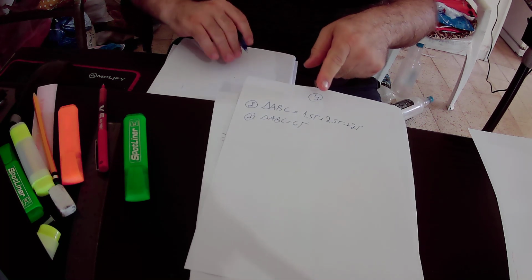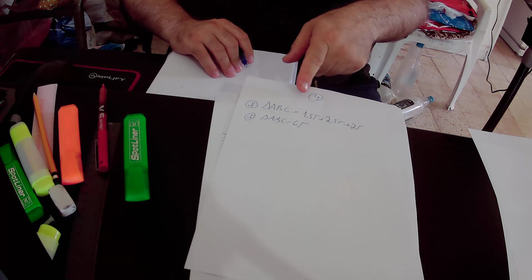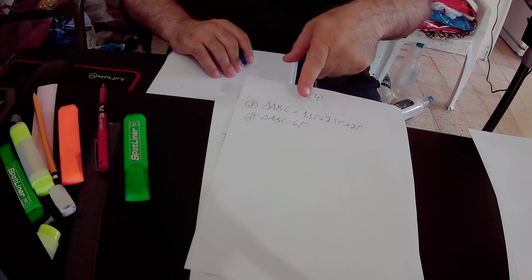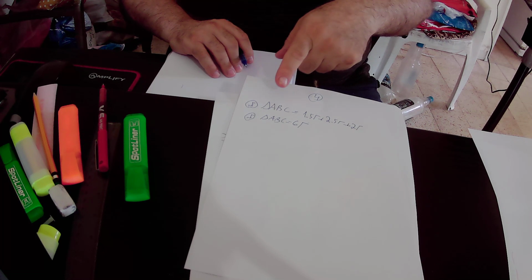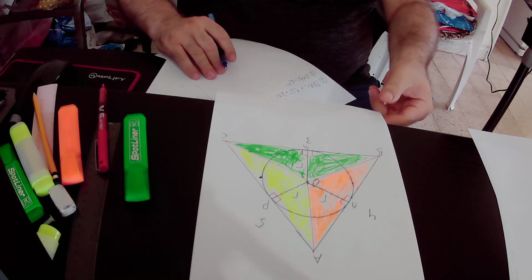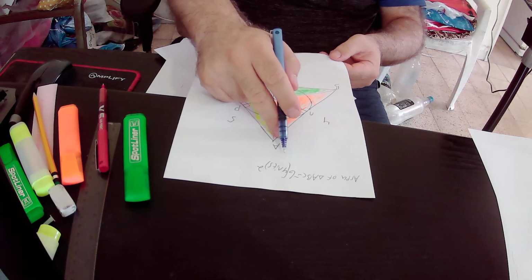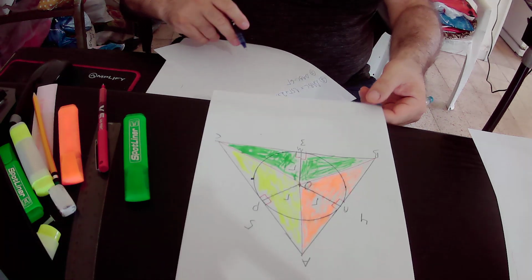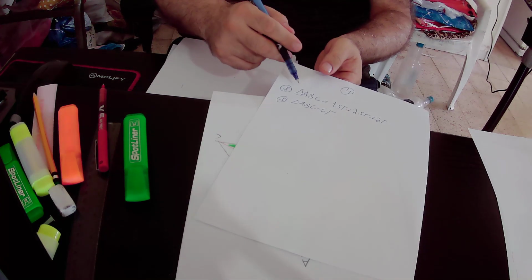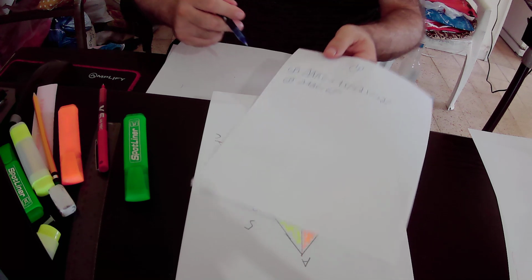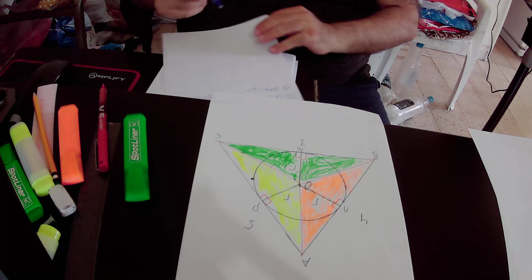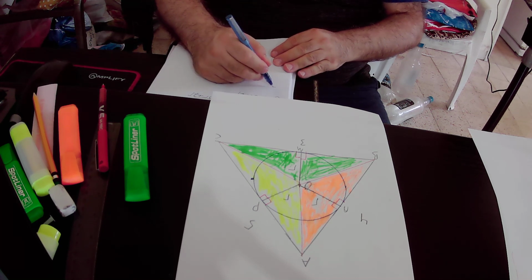Okay, we summed this side of the equation, and we found that the sum of those 3 expressions equals 6 times the radius. This is the area of triangle ABC, but we already know that the area of triangle ABC equals 6 square units. It is given in the question, so we can substitute the area of triangle ABC by 6 square units, because this is the area according to what is given in the question.